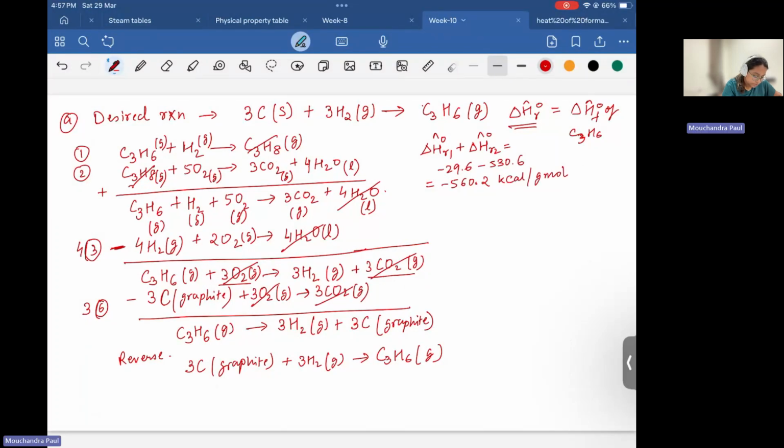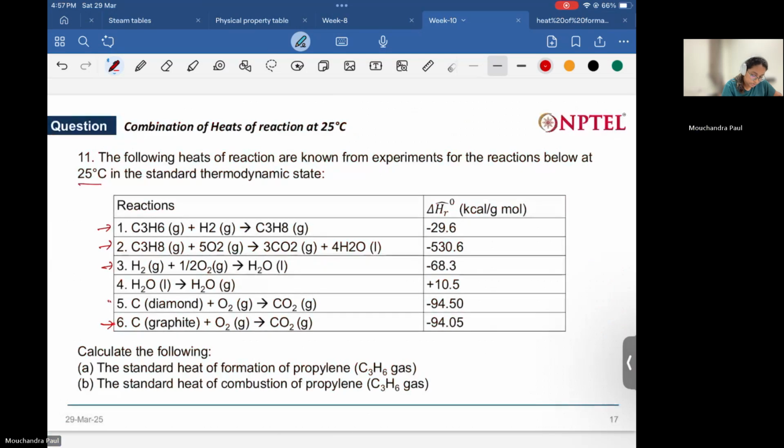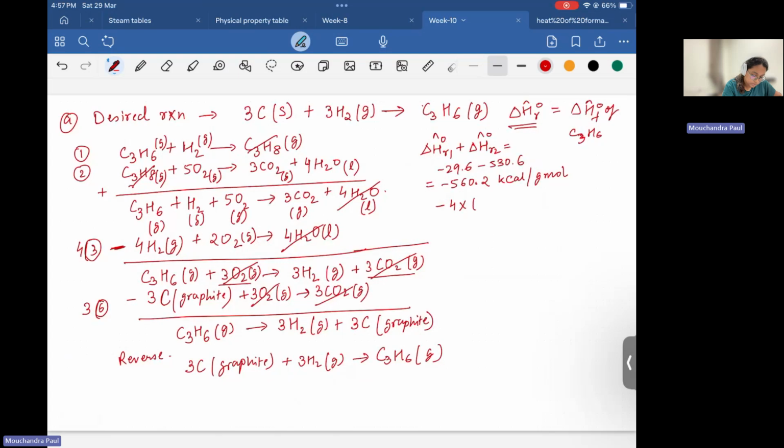Now from this we have subtracted 4 into the heat of reaction of expression 3, which is minus 68.3.